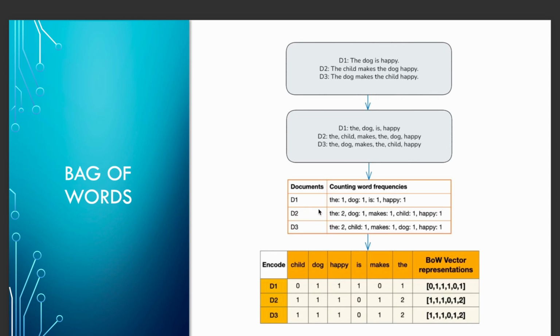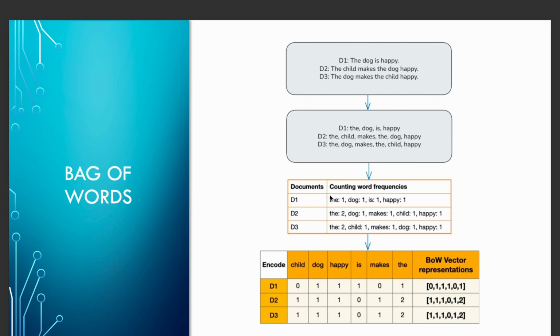In the second document, the sentence is the child makes the dog happy. So the is occurring twice, so for the we have 2, and for each of the other words we have 1. Similarly, in D3 as well, the is occurring twice, so we have 2 for the.